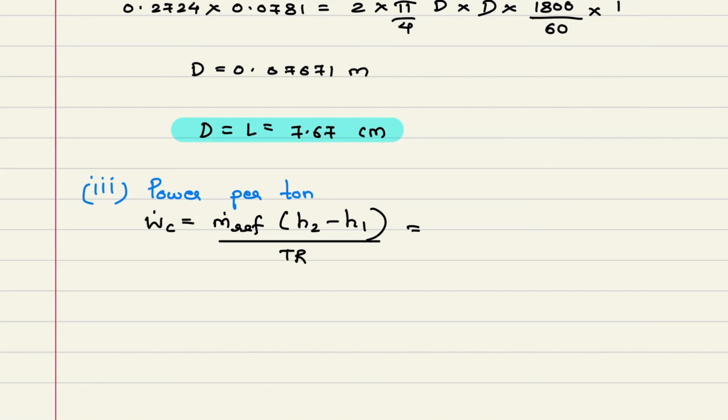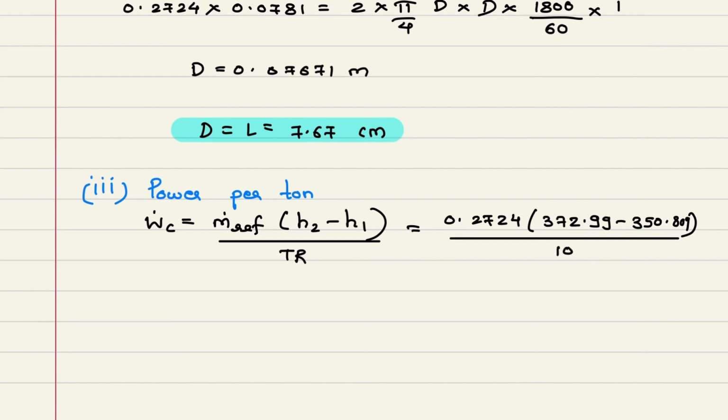Mass flow rate of refrigerant 0.2724 into H2, 372.99, minus H1, 350.809, divided by the total ton, which is 10 TR. So we can calculate power per ton, which is equal to 0.6042 kilowatt per TR.